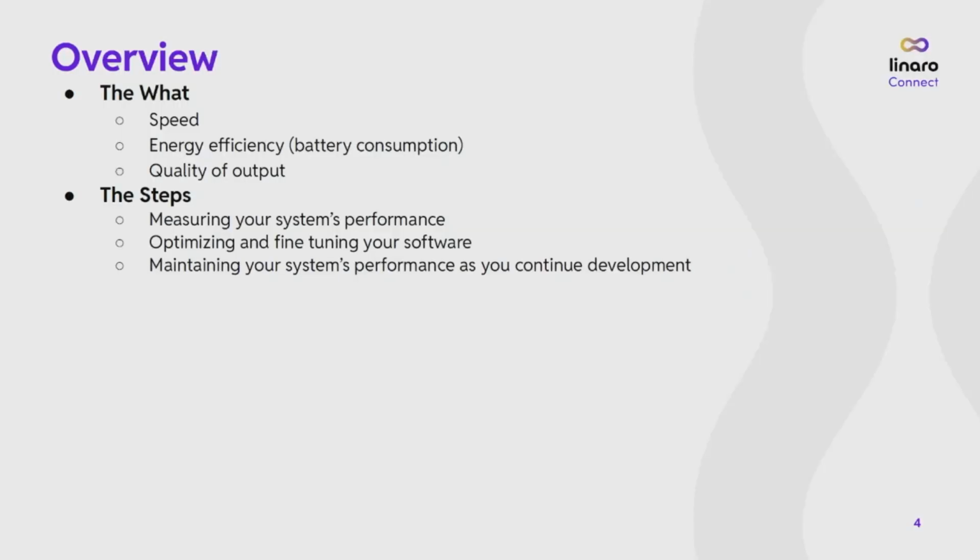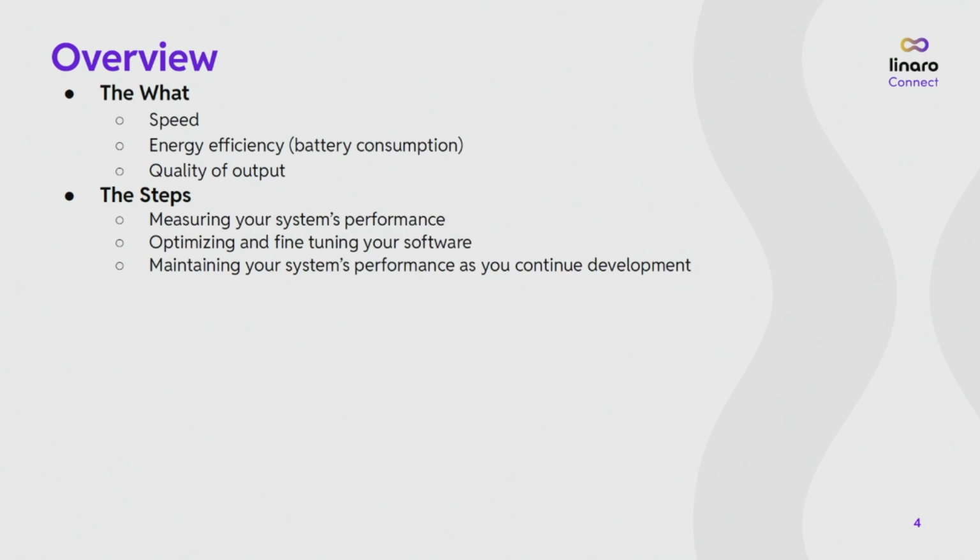Then I'll get into the steps. So once you know what kind of metrics you would like to measure and what is important for your particular project, these are the steps. You could look at measuring your system's performance, and by system I mean things that are not necessarily within the source code of your application, but often affect the performance and different aspects of your application.